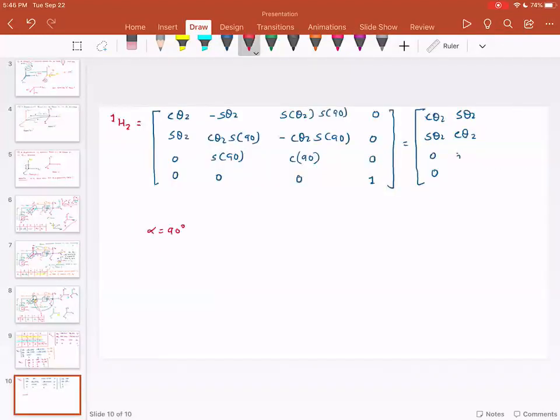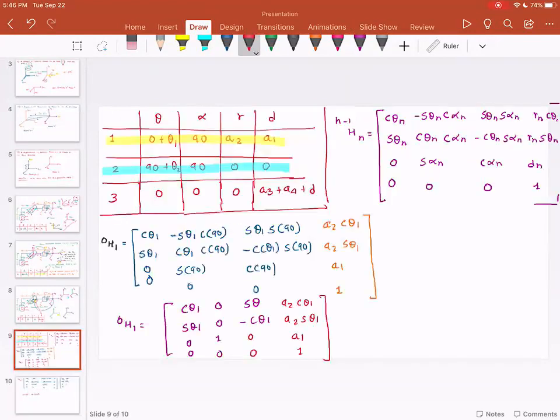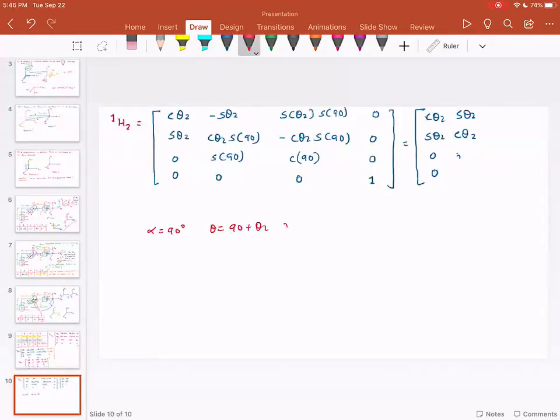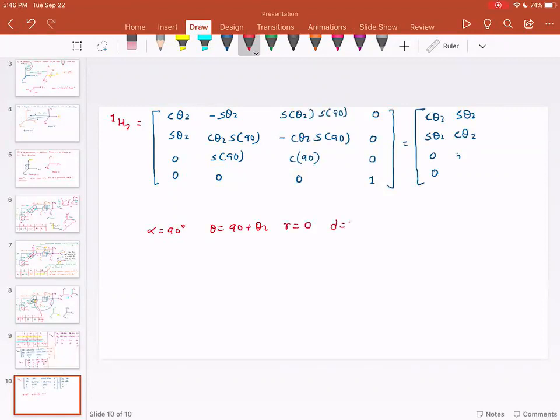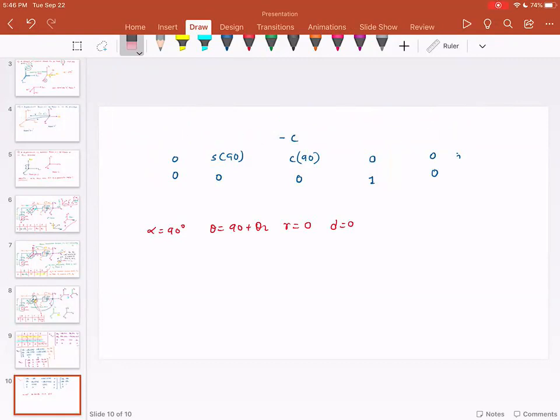Alpha is equal to 90 degrees. Theta is 90 plus theta 2. R is equal to 0, and D is equal to 0. I think you will need to plug this in again.